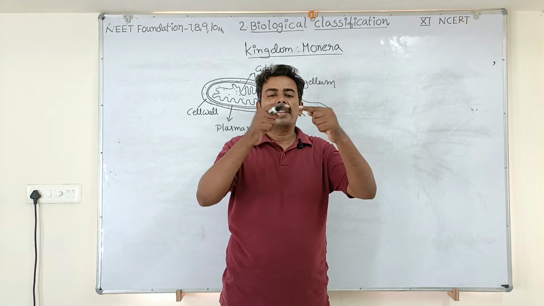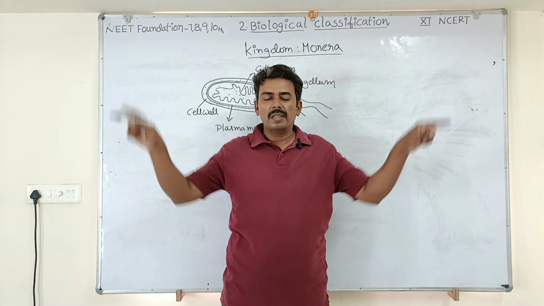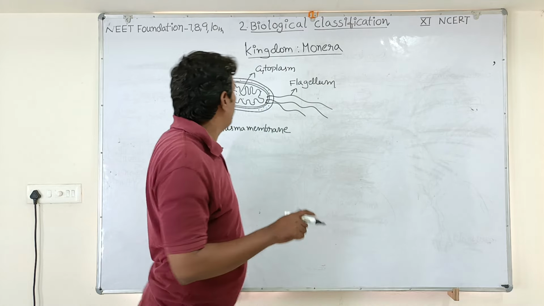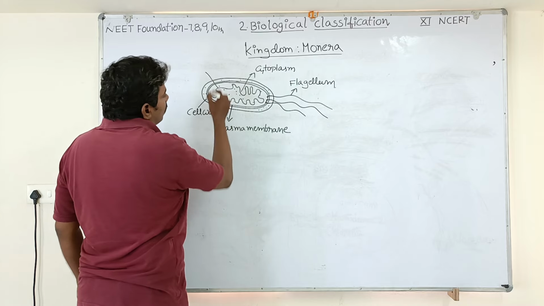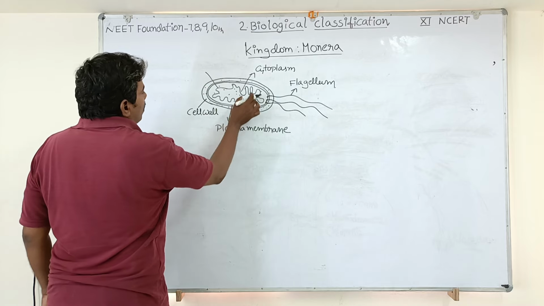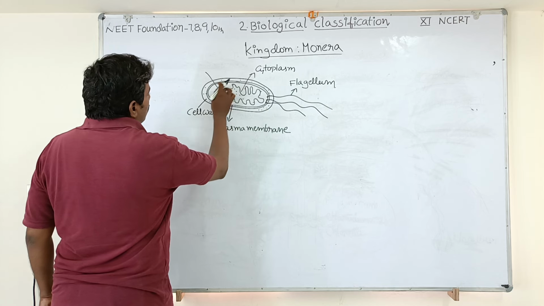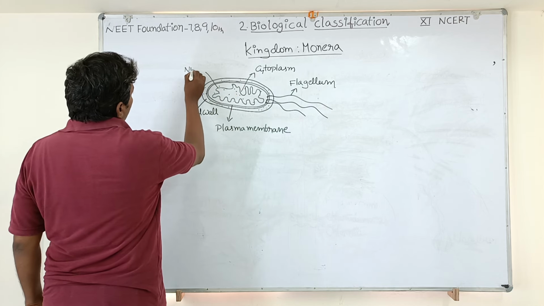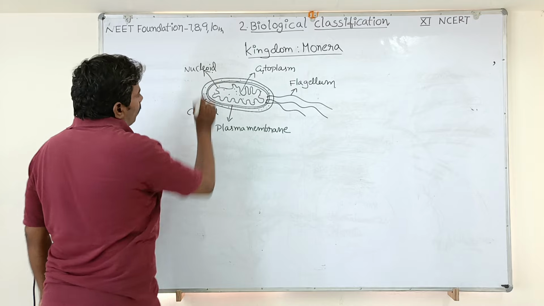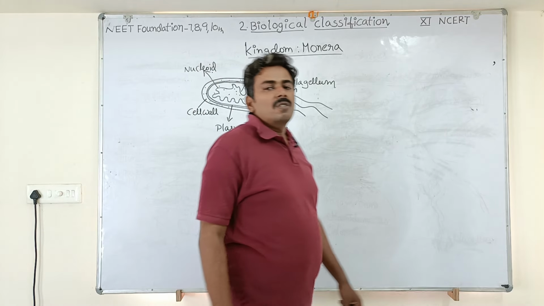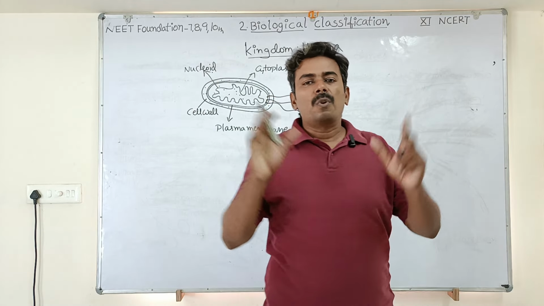Both ends of the DNA will be attached to each other, so it will be circular and folded. The region where this DNA is present inside the prokaryotic cell we call the nucleoid. Understood students? So this is the general structure of a prokaryotic cell.